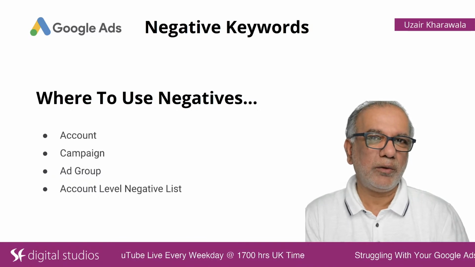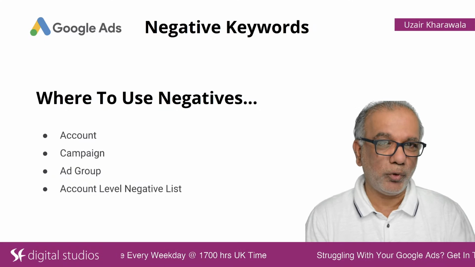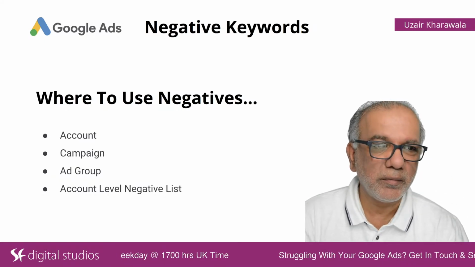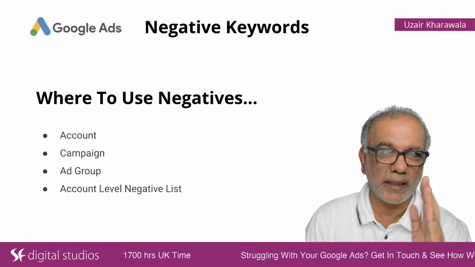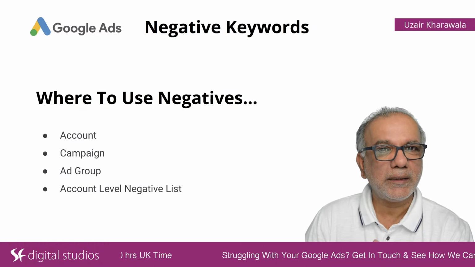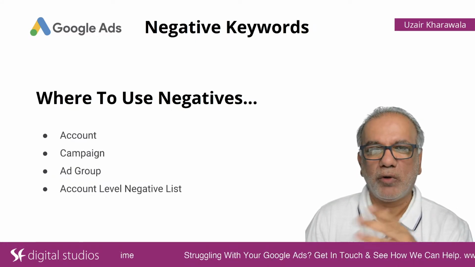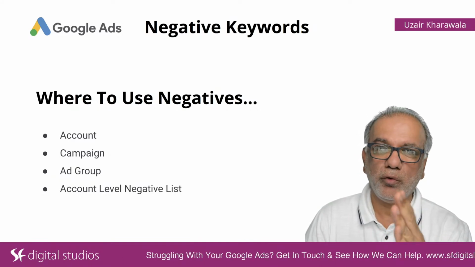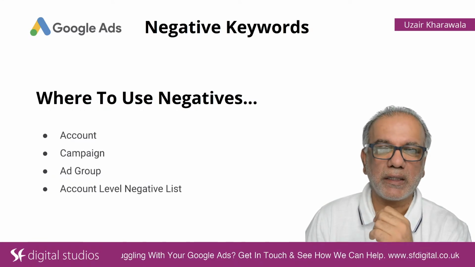So how do you find these negative keywords? The way to do this is to go into your search query report and see which search queries are getting impressions and clicks but not getting the performance. What I mean by performance is if you're not getting conversions, or you may be getting conversions but at a very high cost per acquisition.